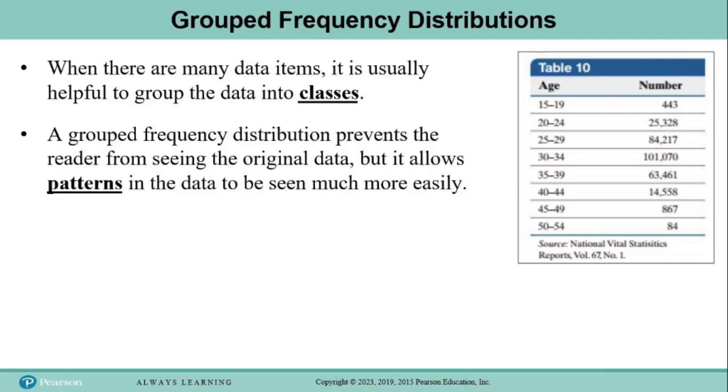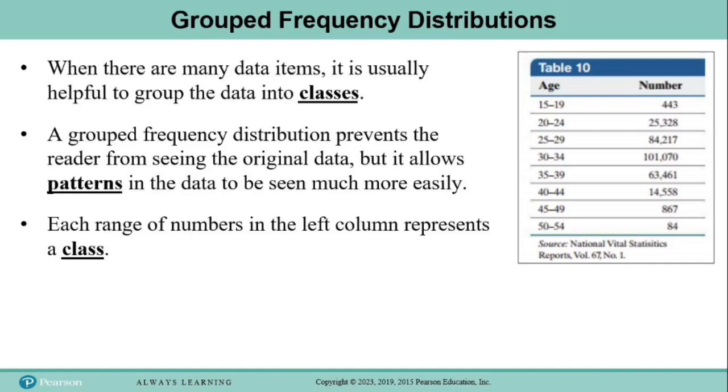There's no way to tell. So we do lose that. But what it does allow us to do is see the patterns in the data much more easily. So with them grouped in this way, I may not know every person's individual age, but I can see that the largest group is the group that goes from 30 to 34. And so it's helpful to be able to see that.